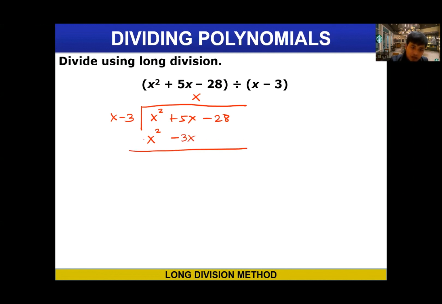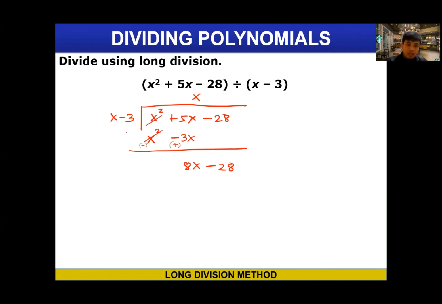Okay. Now, we subtract, we change the sign of this, becomes negative. We change the sign of this, becomes positive, and then we add. So cancel this out, and this becomes 5x plus positive 3x is 8x minus 28. So we just bring down 28 here.